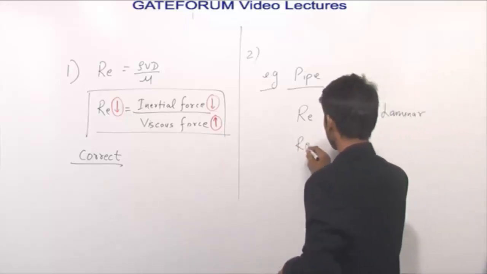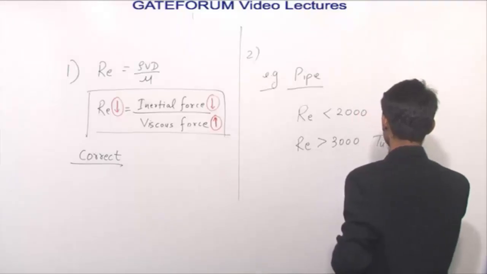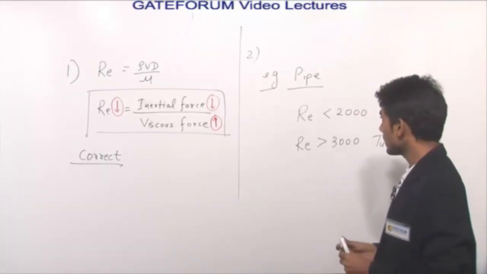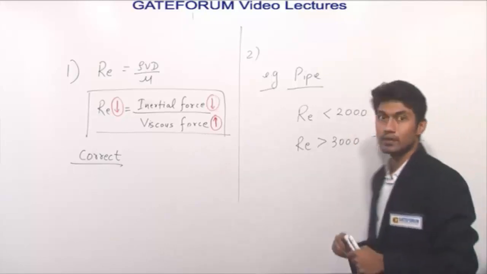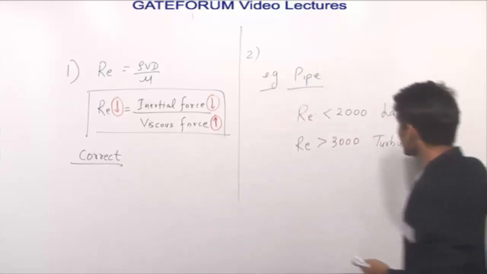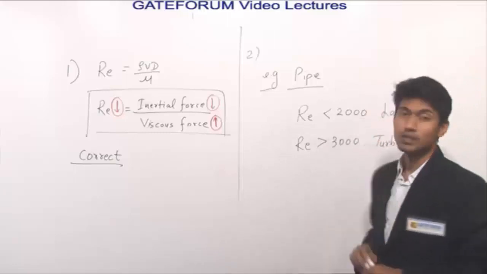Reynolds number greater than 3000 is turbulent. From 2000 to 3000, the flow is termed transition flow, neither laminar nor turbulent. It is the transition stage from laminar to turbulent.